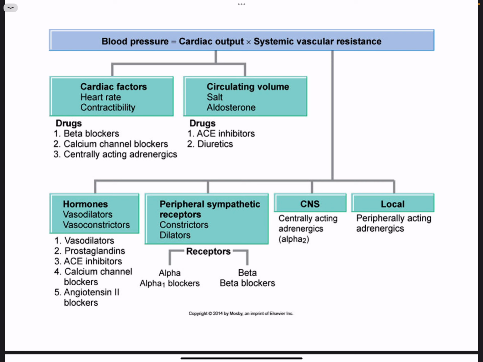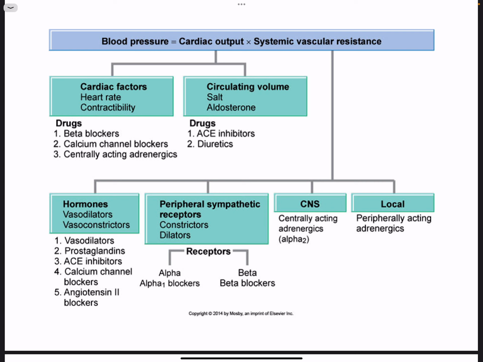And if you remember, we discussed in diuretics, aldosterone antagonists act on the collecting duct in the nephron, the last segment of the nephron. We start from proximal, then loop of Henle, then distal, and then collecting duct. Collecting duct is where we block the aldosterone.